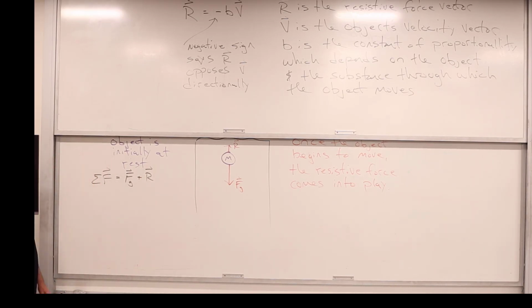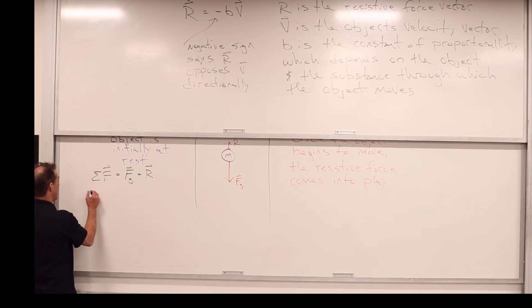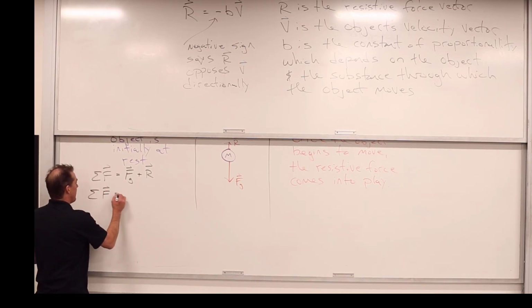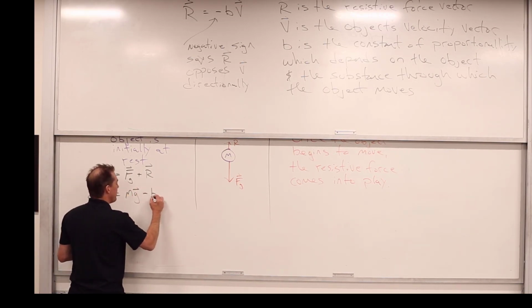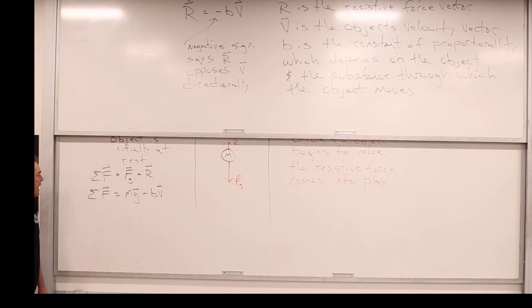From this, we know what F sub g hat is, that's m g hat. And we know what R hat is, that's negative b v hat. Let's just go ahead and throw that in there. So the net force acting will be m g hat minus b v hat.